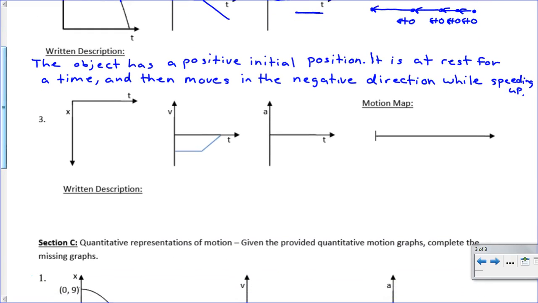For this last one here, we've got an object. I've given you the velocity versus time graph first here. I'm going to assume that the initial position is 0. What we have is a constant negative velocity at first, and then it slows down. So constant negative velocity is a straight line this way, constant negative velocity for a little while.